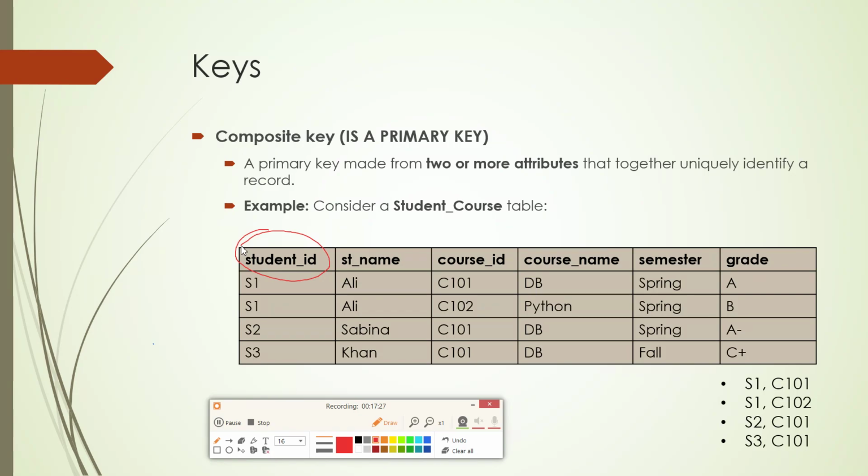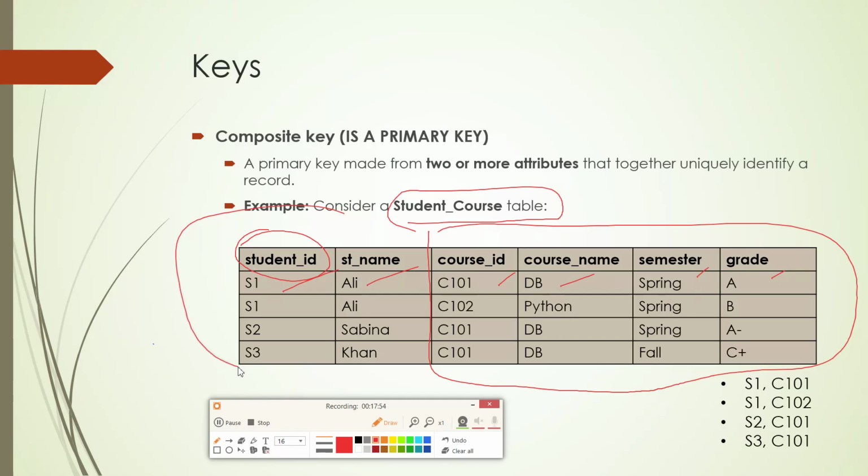This table is the student courses table, which keeps the detail of the students in student ID, name, course ID, course name, semester, and grades. So this table contains data from two different entities: this is part of the course, and this is part of the student.